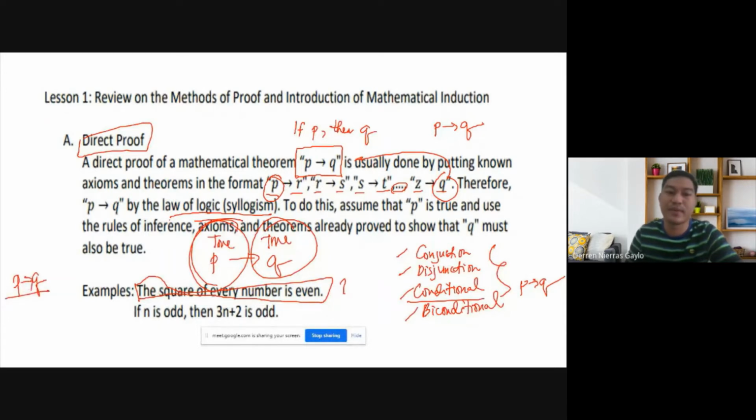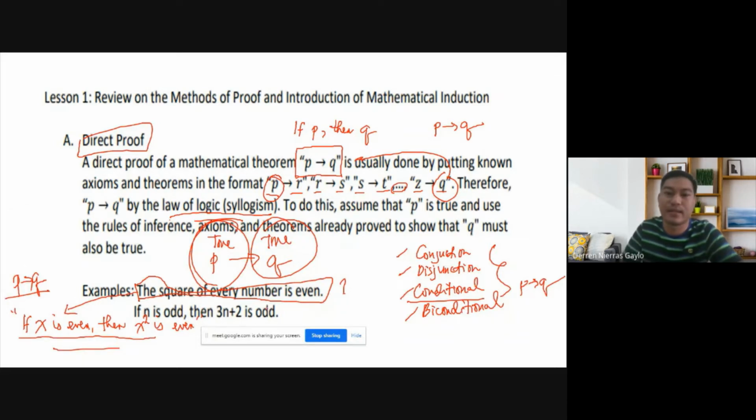So, we will convert it: if x is even, then x squared is even. Muna ni i-prove. If x is even, then x squared is even.